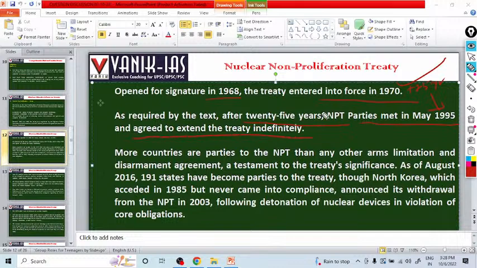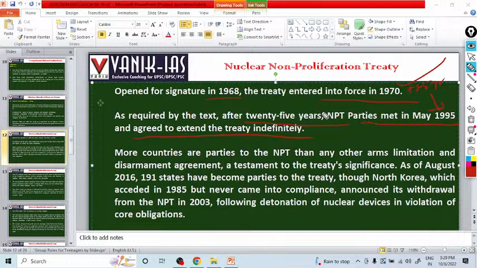The contracting parties met again after 25 years as per the original draft, and in the review conference held in 1995, the parties agreed to extend it for an indefinite period, realizing the importance of this treaty. So they agreed to extend it for an indefinite period for times to come.